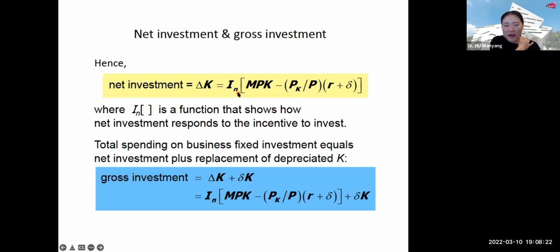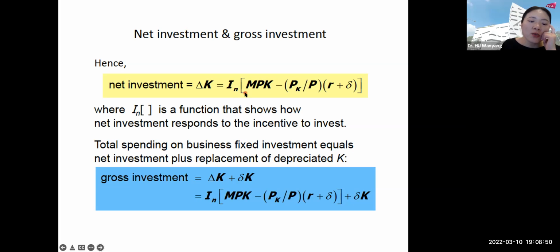Sometimes we don't specify a specific mathematical formula when we introduce the theory, because it really depends on the assumptions you make, the specific study you are looking at, and the type of capital you are looking at. Then we specify the specific formula for the function. So sometimes we just use what we call an indicator function. An indicator function is just an indicator of the relationship between net investment and profit rate.